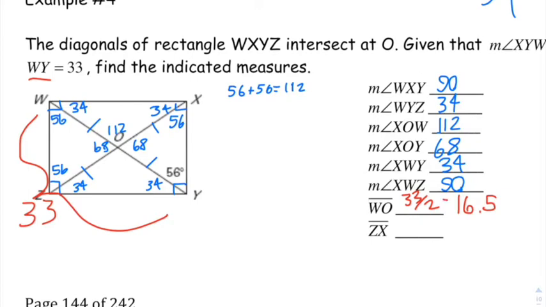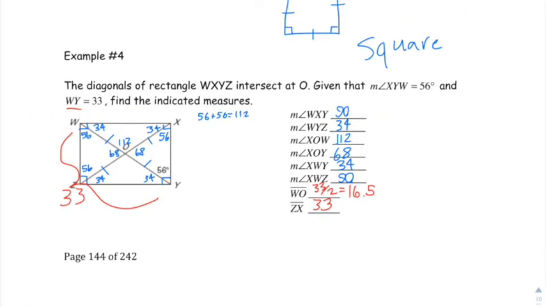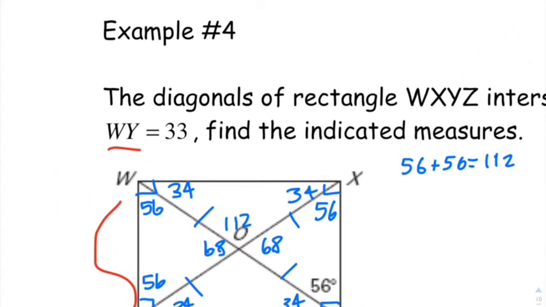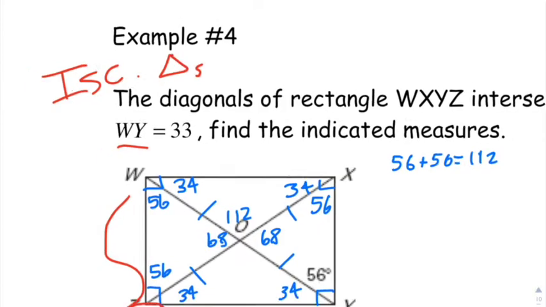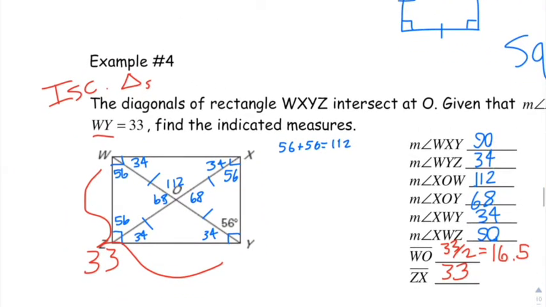And then the other diagonal goes in the other direction. We know the diagonals are congruent, so the other diagonal has got to be 33. And that's how you find all of your different side lengths and angles. The key thing with this, though, for the angles is just remember isosceles triangles, which means you're going to have a bunch of different congruent angles.